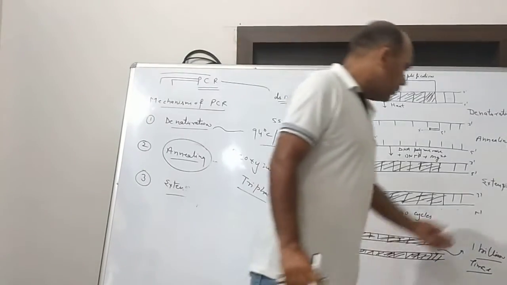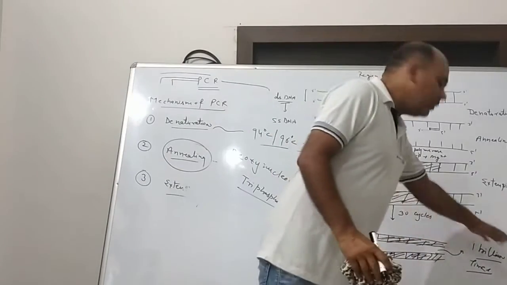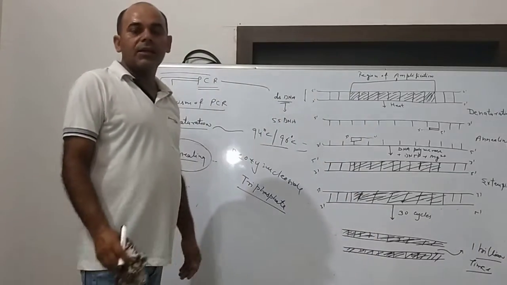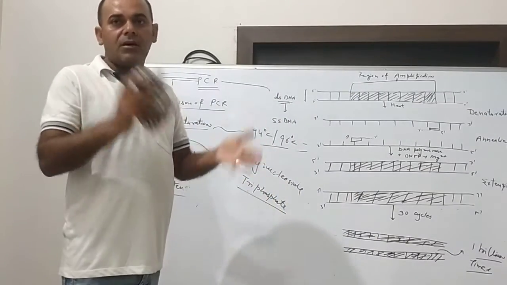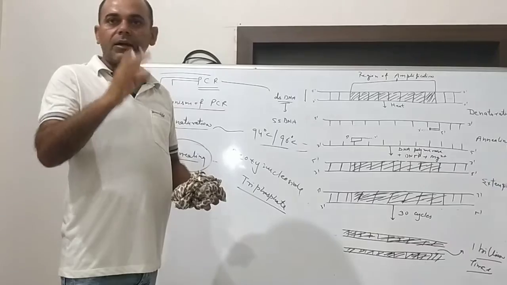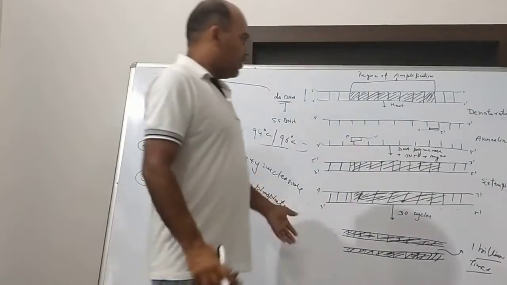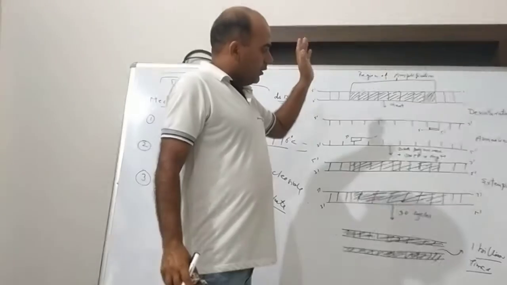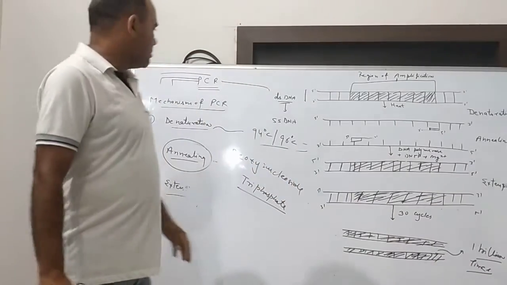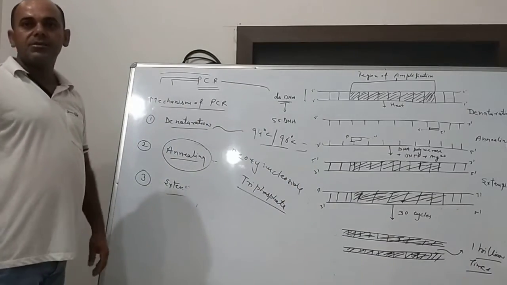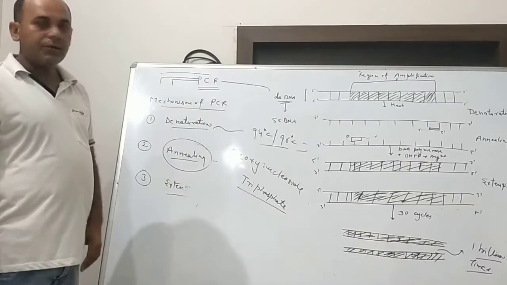We can obtain approximately 1 billion copies, meaning 10 to the power 9 copies, within a short time period. So this is the mechanism, this is how PCR works. This is the basic mechanism of PCR, which is completed in 3 steps.